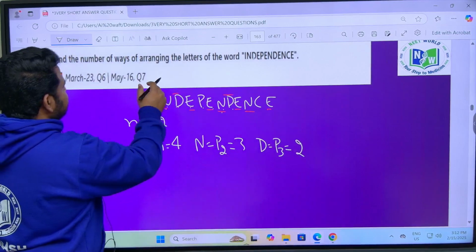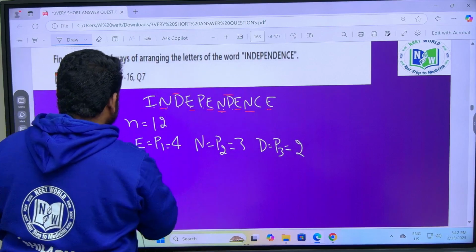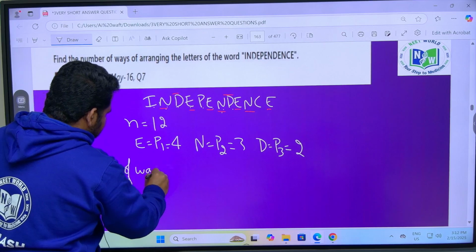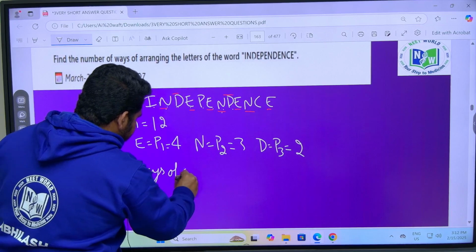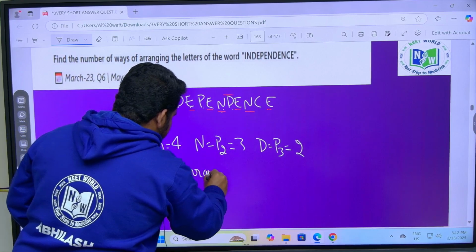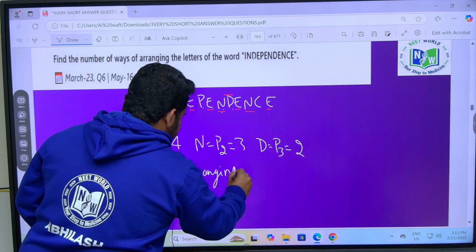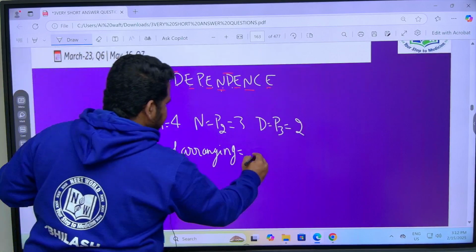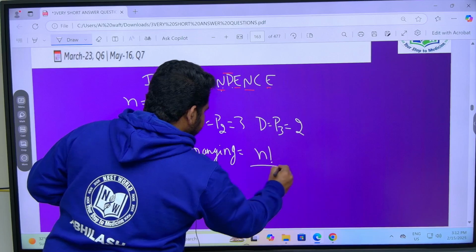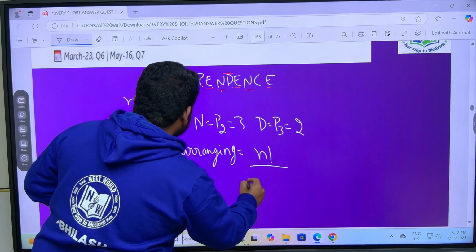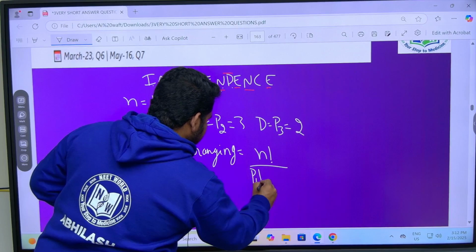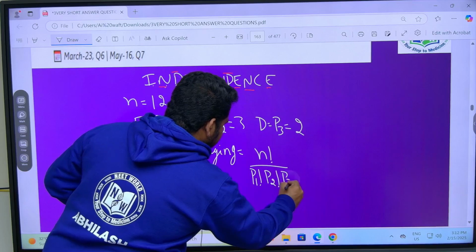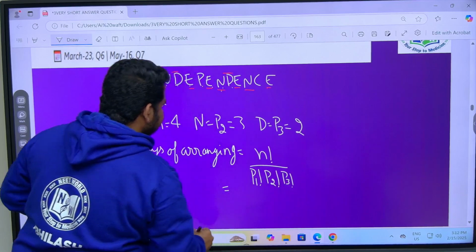So the number of ways of arranging the letters of the word independence is given by n factorial divided by P1 factorial into P2 factorial into P3 factorial. n factorial is how much, friends?